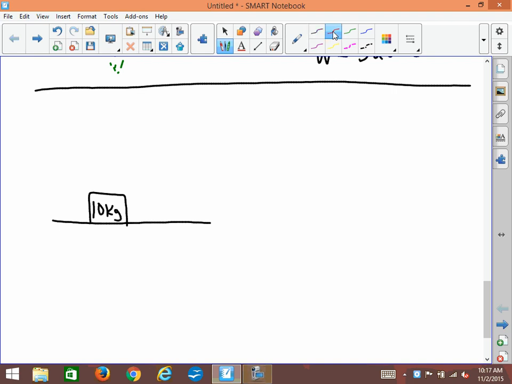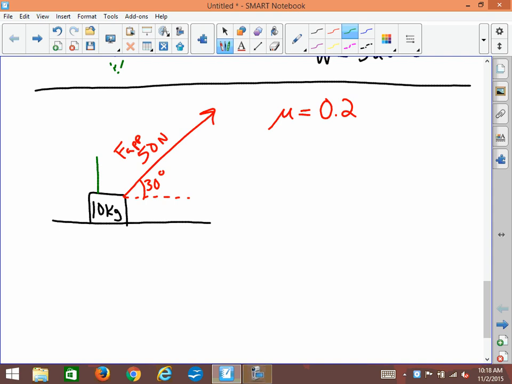We're going to pull it the same way, 50 newtons of F applied. And we're still going to use an angle of 30 degrees. The only difference is we're going to add in a mu here. The mu is going to be 0.2. Let's just say something small. Well, because we're adding in friction, now we also have to consider our normal force and our gravity force, Fg.